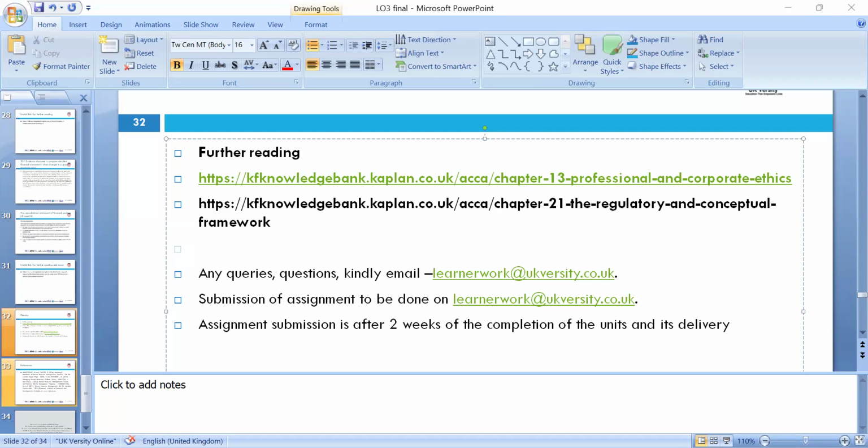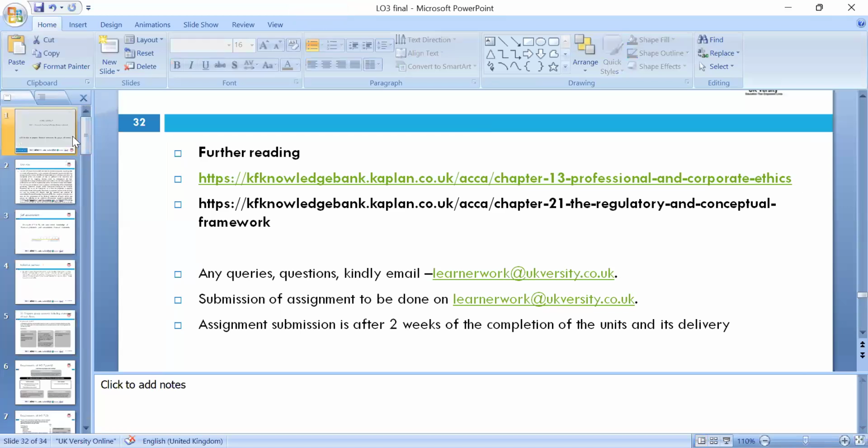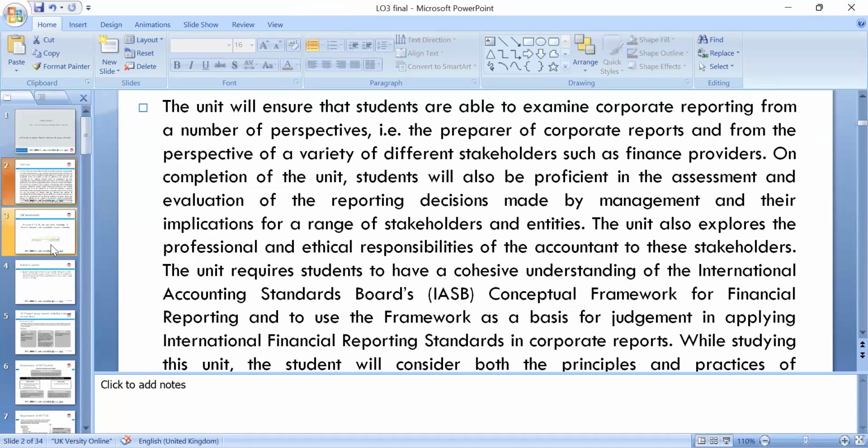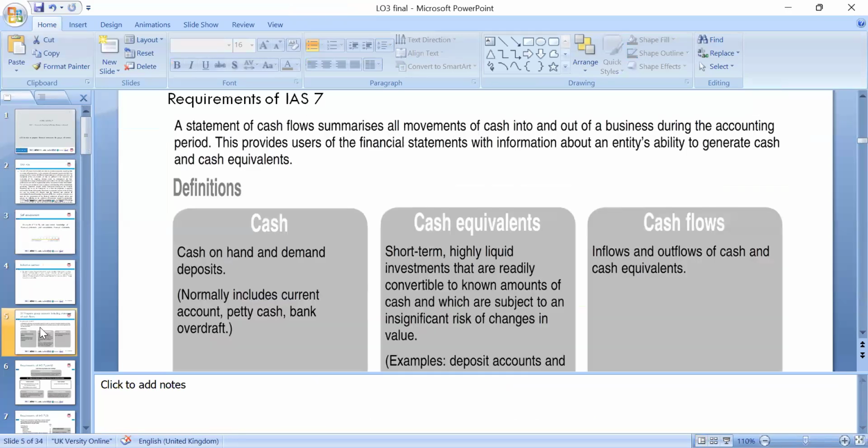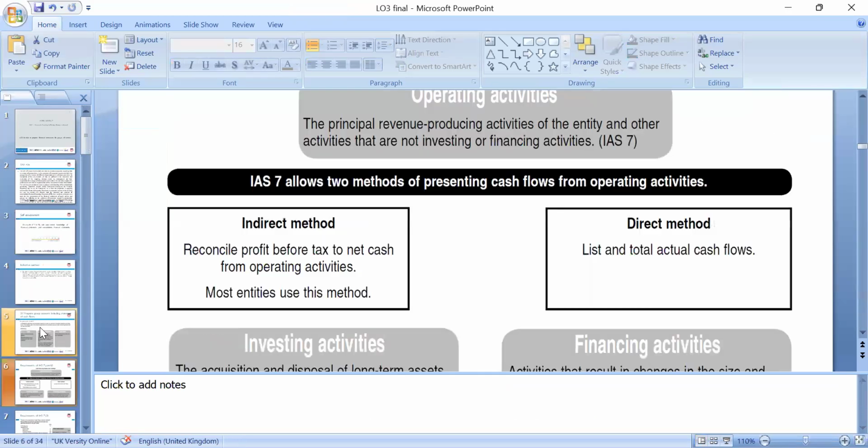Okay, so I shared with you today's lesson. We discussed the cash flow, LO3.1, how we can prepare the cash flow. We were given cash flow examples, which we discussed in the slides. We had operating, investing and financing activities under IAS 7.